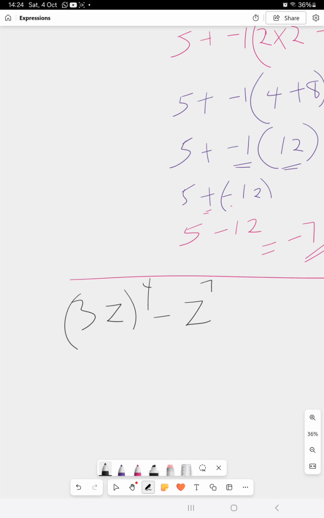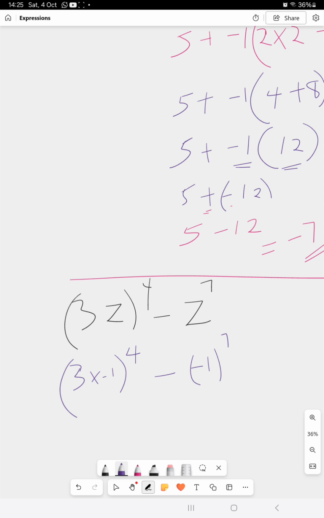Again, let's solve this one together. This is 3 times z, which is negative 1, all this power 4, minus z, which is negative 1, power 7.